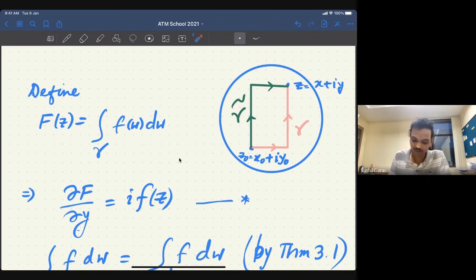So you can go through a polygonal path whose sides are parallel to the axes, but the last side should be parallel to the y-axis, the others parallel to the x-axis. That is good enough. So does that answer your question?